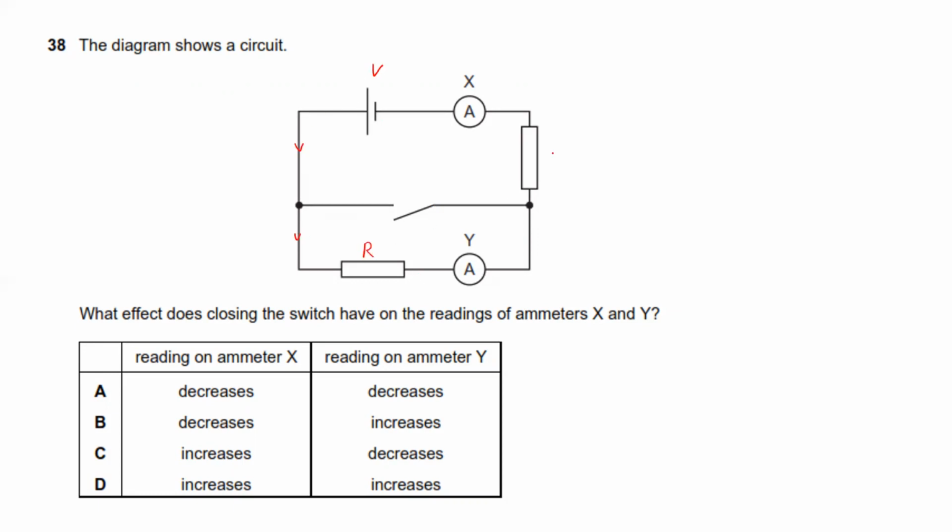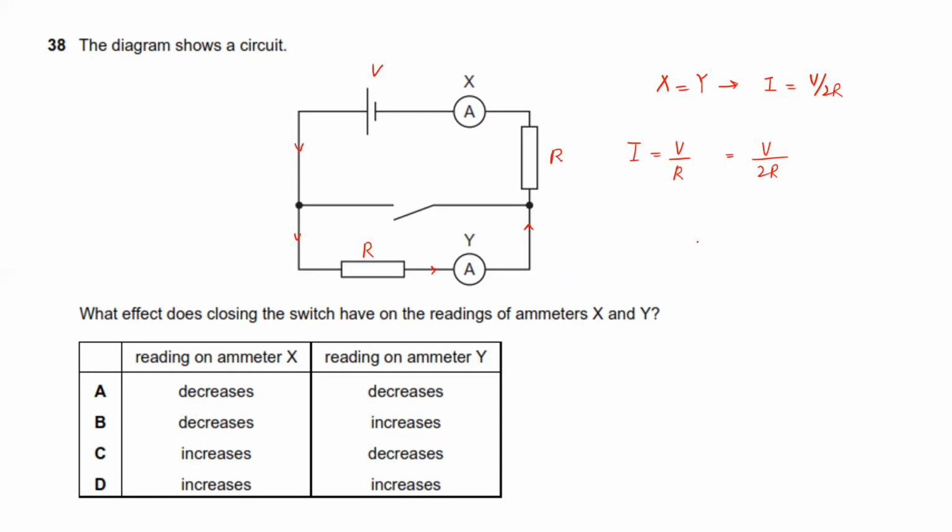This is a resistance R, this is a resistance R. So overall you can say I equals V by R. Ohm's law, total resistance is 2R. So the current I, reading X is equal to Y, and the value of current that is showing is V by 2R.